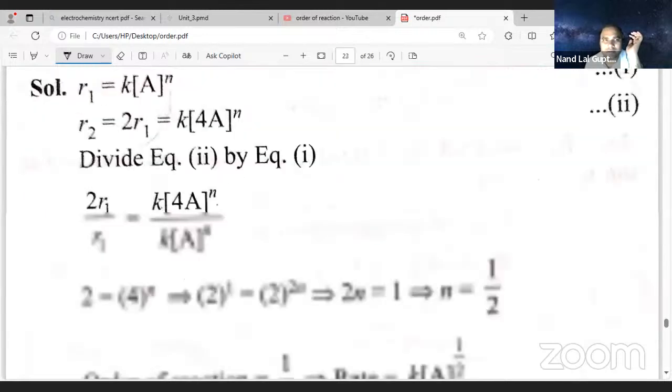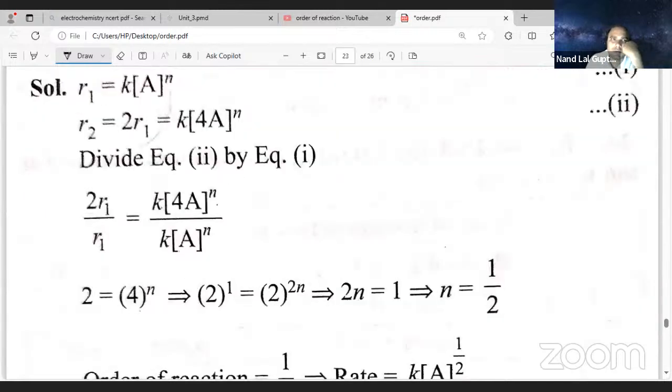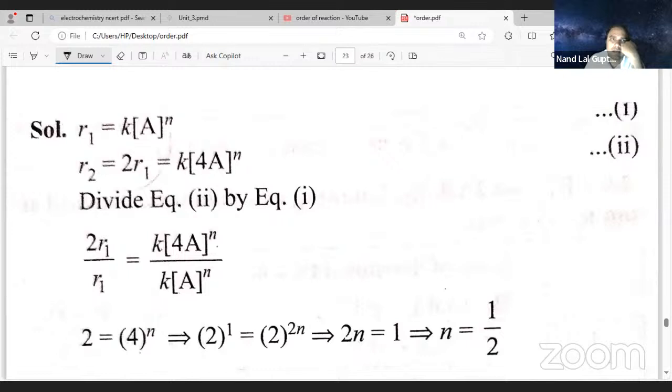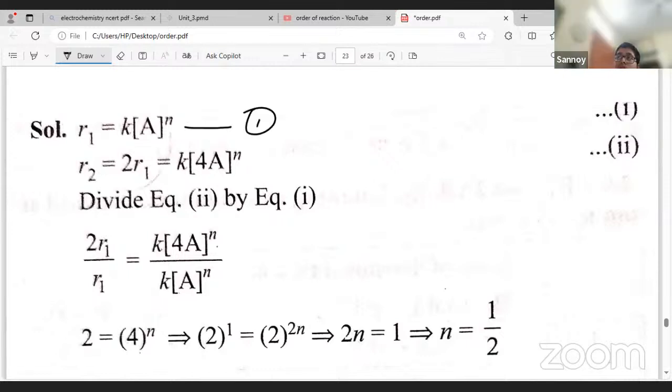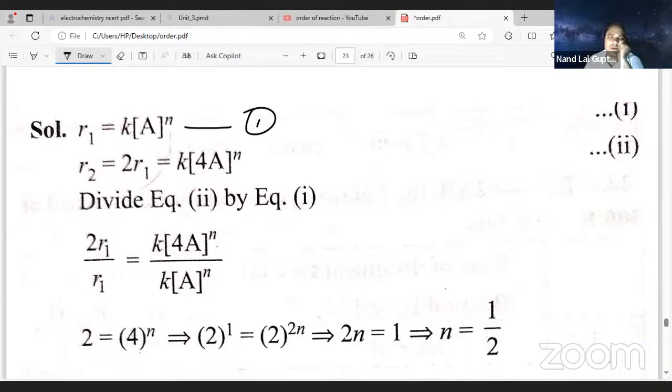It's looking a little bit tough. First, this is the equation and this is case one.